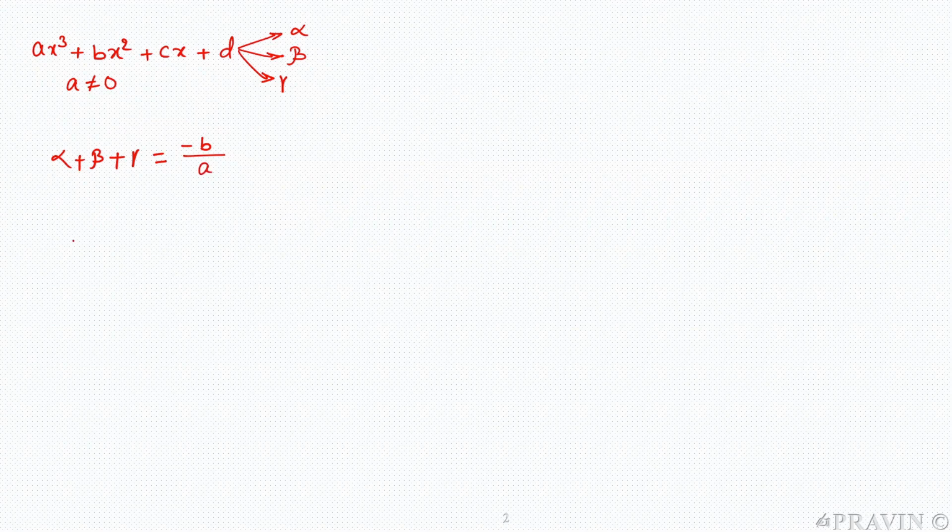Next is the sum of products of the zeros taken two at a time, means you are given alpha, beta and gamma. First take the product of alpha and beta, second take the product of beta and gamma, and third will be alpha gamma.